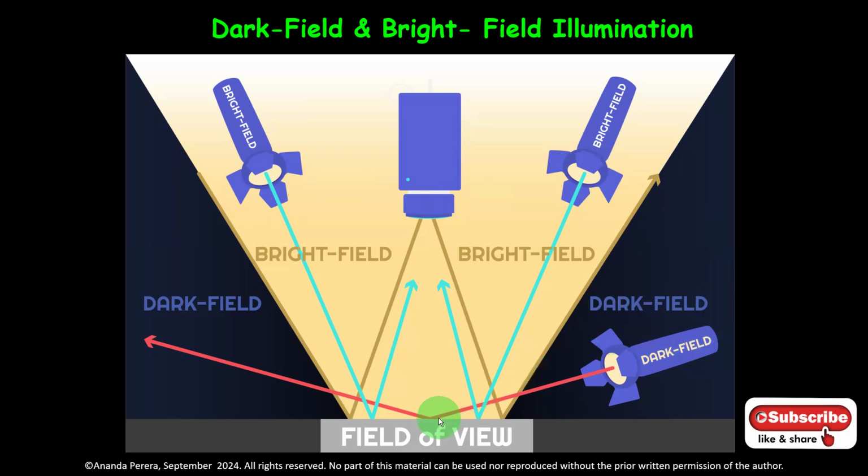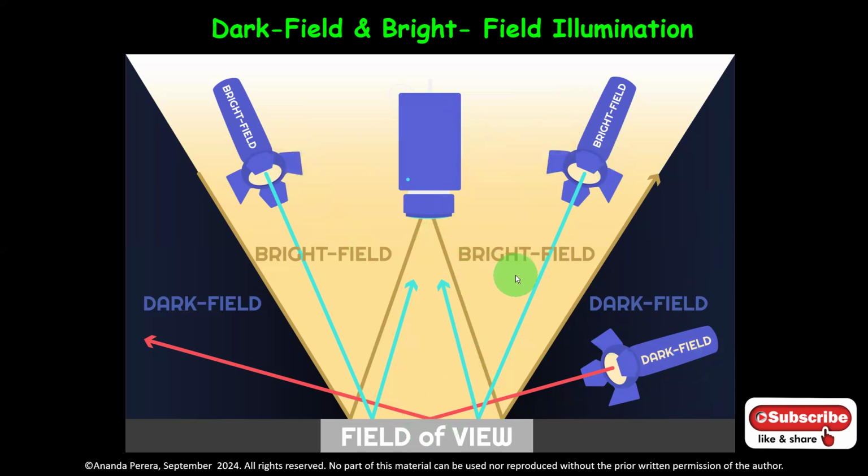If we watch the stone from here, we can see the inclusions in dark field mode. When we see the stone from here, we can see the dark field view. When we watch the stone from here or here, in this area, we can see the bright field view.